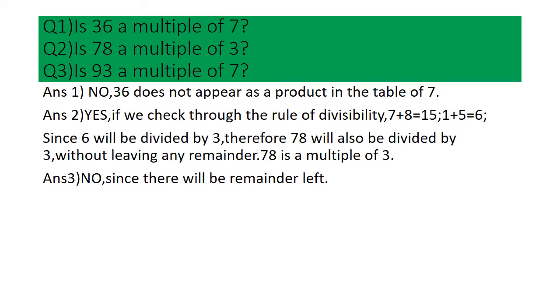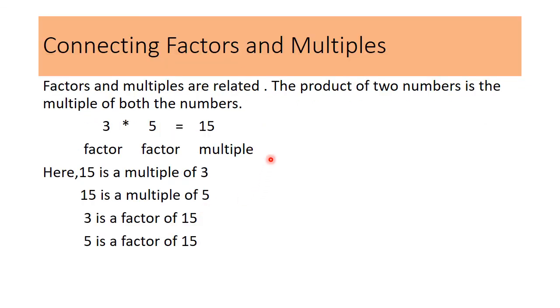Let's move further. Now one more thing, children, which I would like to tell you is that there is a connection between factors and multiples. Connecting factors and multiples. Do you know factors and multiples are related to each other? When we multiply two factors we get a product, and the product of the two numbers is a multiple of both numbers.